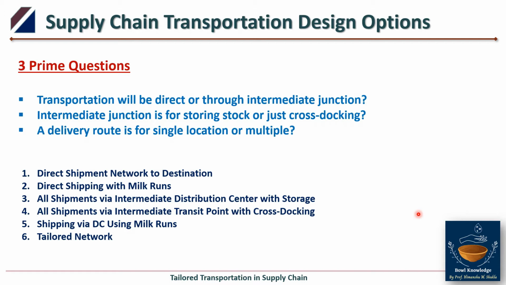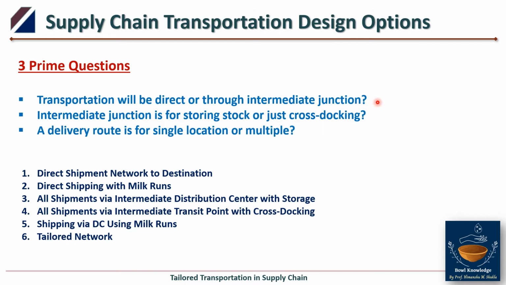So what are the various design options available for designing supply chain transportation? While designing these transportation avenues for our supply chain, three prime questions are necessary, as you can see. Number one, the transportation will be direct or through some intermediate junction.